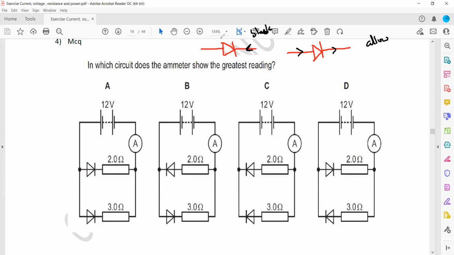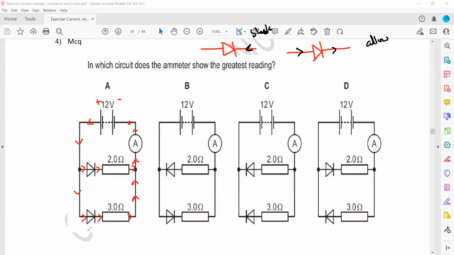Now how to find? First we check the positive terminal and negative terminal. When the conventional current moves from positive, this diode will allow the current to pass. And the second diode will also allow the current to pass, because it can pass from positive to negative. So both are effective resistance, because both are used in the circuit. What is the combined resistance of circuit A?